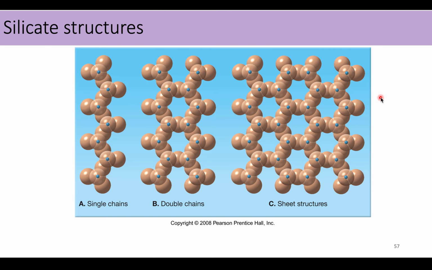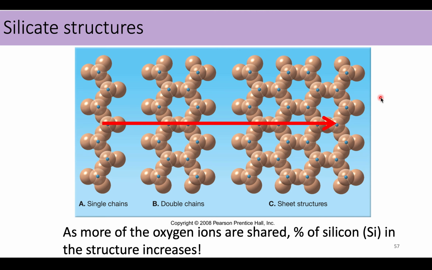So the importance in going over the different types of silicate structures is to understand the ratio of silica to oxygen, because as we bond more and more, the ratio changes. So for example, as we increase the number of oxygen ions that are shared, the percent of silicon in the mineral actually goes up.